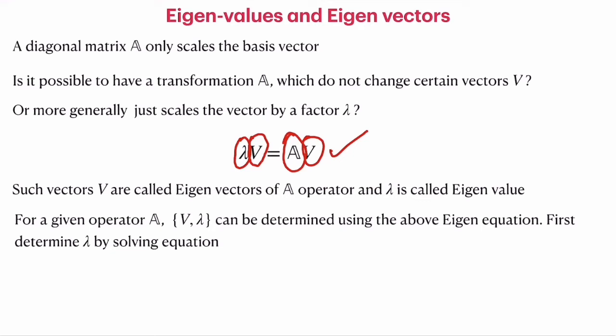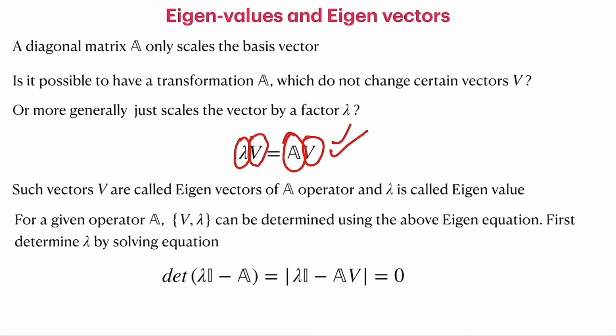eigenvalue equation. The procedure goes as follows. First, we need to determine the eigenvalues lambda. Once we obtain the eigenvalues, we substitute back in this equation and obtain the eigenvectors too. So that is the general procedure. To solve for the eigenvalues, what we need to solve is called the characteristic equation, which is given as A minus lambda times the identity matrix.